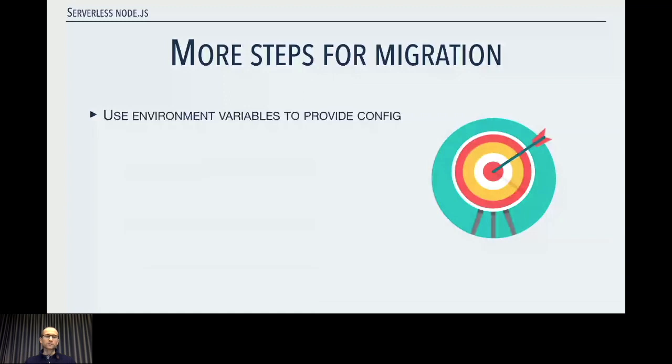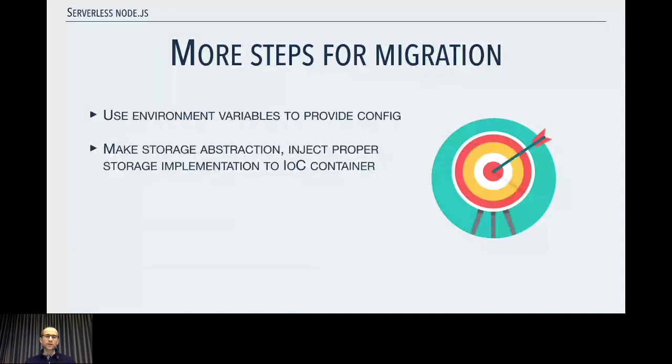If you have the possibility, make a storage abstraction, because later, if you need to change storage from Redis to DynamoDB in our example, with proper abstraction and the same interfaces, you can just inject your proper storage implementation into the dependency injection container, and it should work just like that.